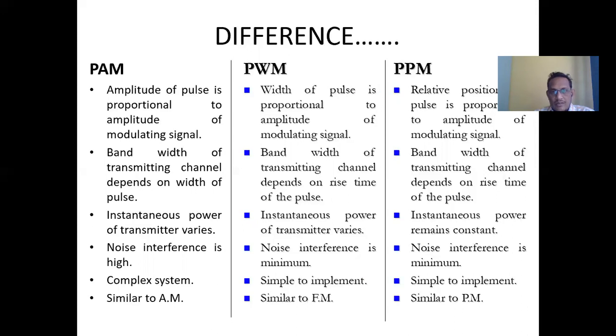It is basically classified into 3 different parts: pulse amplitude modulation, pulse width modulation, and pulse position modulation. We have defined the definition of each along with its time domain representation waveform. Then we have defined the difference between them. So we will stop here.